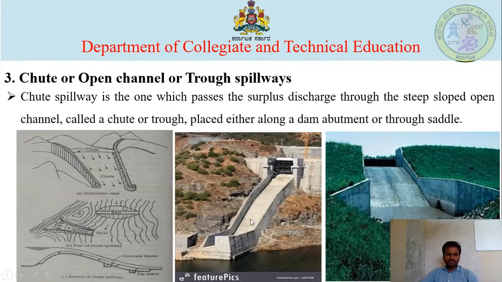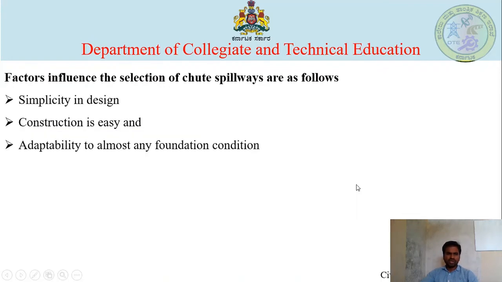The chute is sometimes of constant width, but usually it is narrowed for economy and widened near the end to reduce the discharge velocity. What are the factors influencing the selection of this spillway? The design of the chute spillway is simple and easy to construct. It is adaptable for almost all foundation conditions.